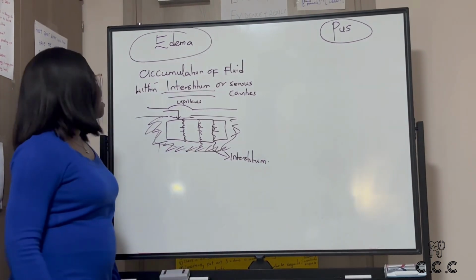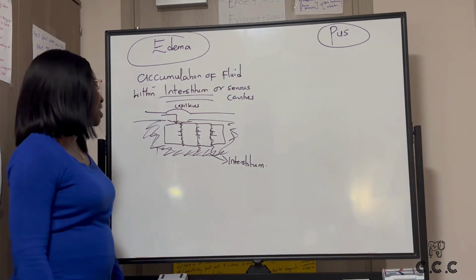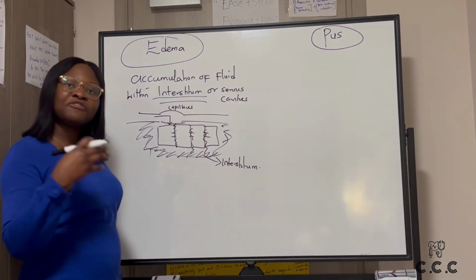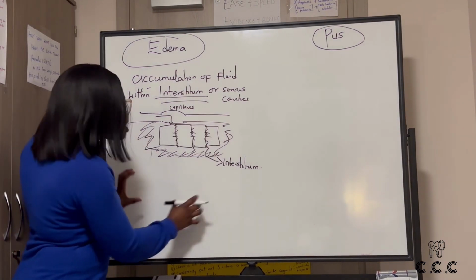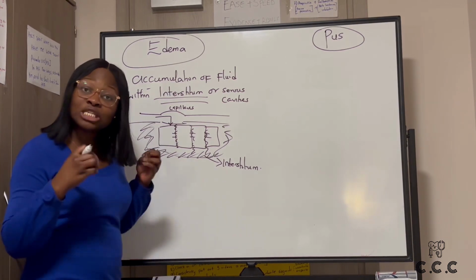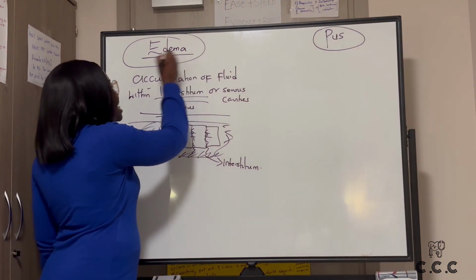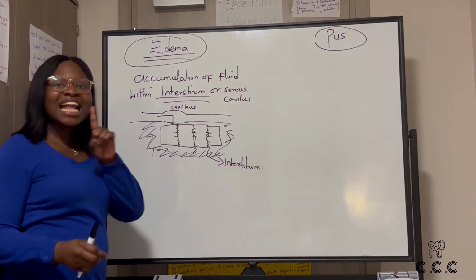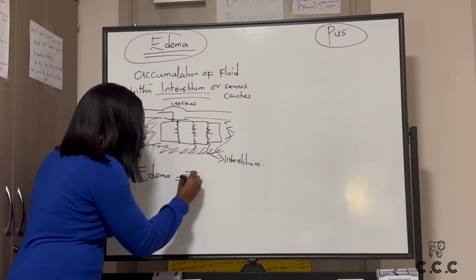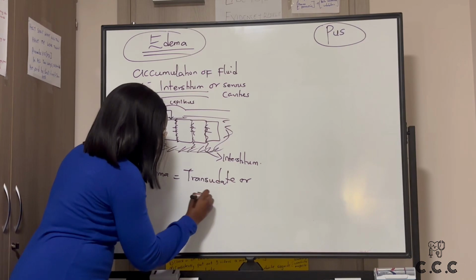So, what do we mean by collection of fluid within the interstitium or serous cavities? When this fluid escapes from either the capillaries or the post-capillary venules into the interstitium, which is simply the environment surrounding your cells, and accumulates there, we call that concept edema. So edema can either be transudate or exudate.